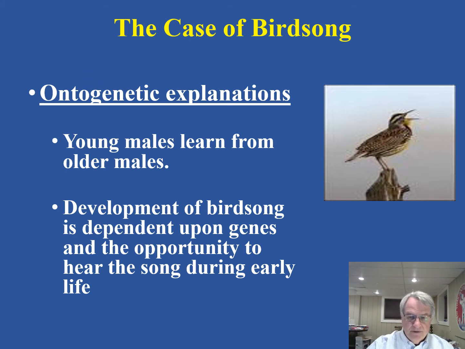When we look at ontogenetic explanations, one of the things that we know is that young males learn from older males. If you were to take a young male singing bird and isolate that male from other males from the time that they were hatched, what you would see is that bird song would not develop in that male that had been isolated.